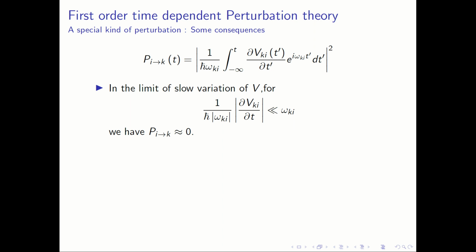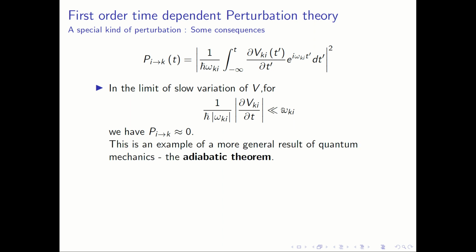Of course, the ith level itself changes as the Hamiltonian changes, but the system will stay more or less in the ith level if it starts there. This is an example of a more general result in quantum mechanics, which we will describe in a later lecture. This is called the Adiabatic theorem. If I change the Hamiltonian slowly enough, then the system which is originally in an eigenstate stays in the corresponding eigenstate.